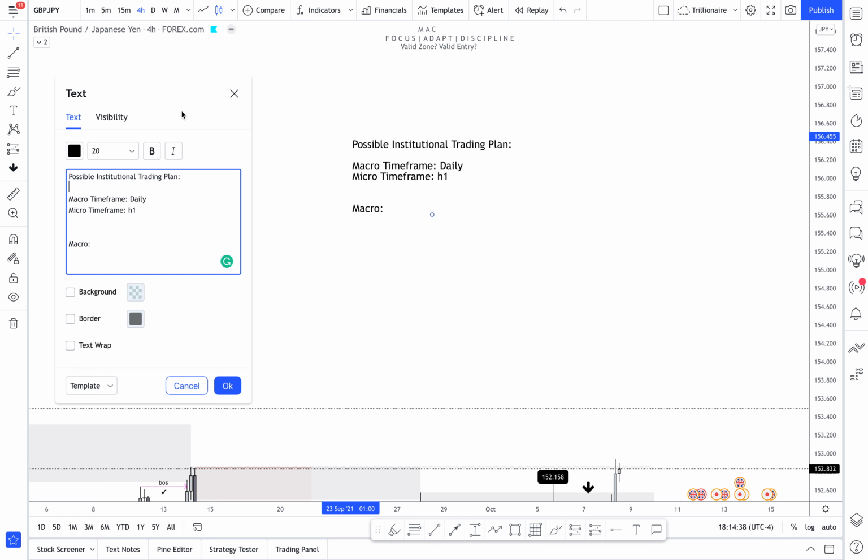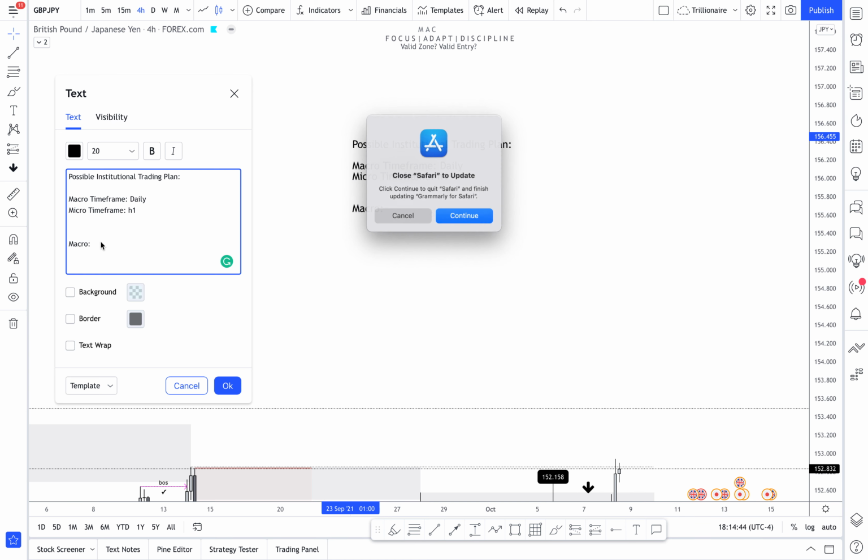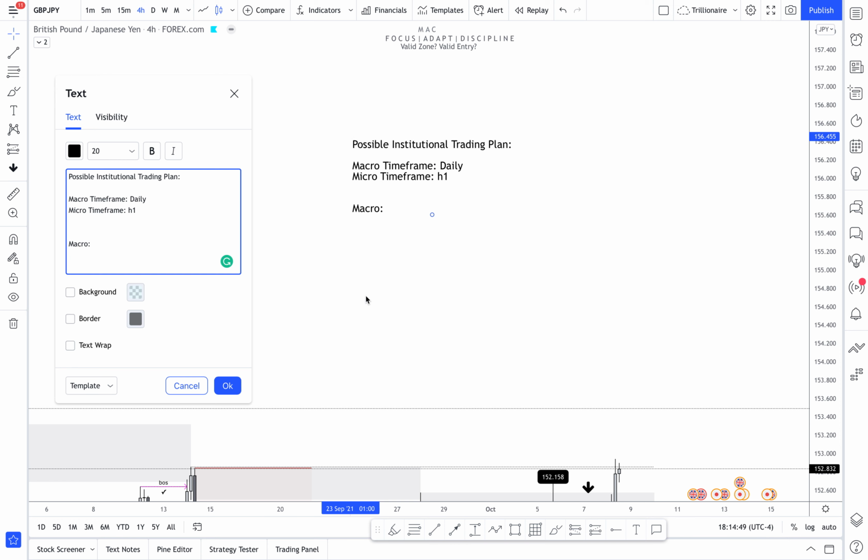So what do you want your macro time frame to do? What type of zone do you want it to create as an institutional trader? If you have checked out previous videos of how I select order blocks, that is what you want to apply in order to select what order block you want to use on your macro time frame. So what am I going to do first? I'm going to find a macro time frame order block.